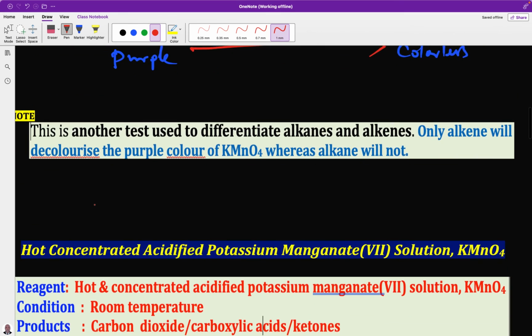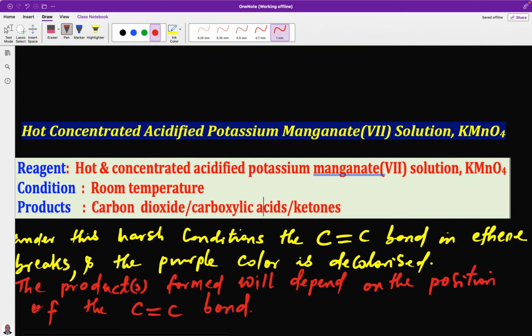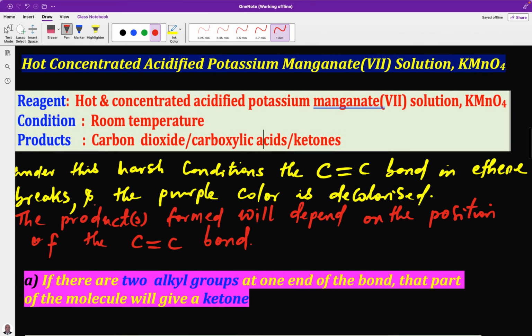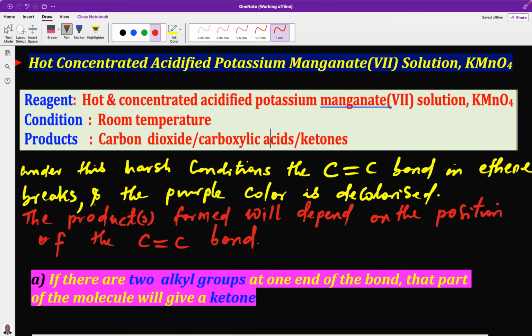Another condition will be hot concentrated acidified potassium manganate solution. This is a harsh condition. I said under these harsh conditions, the carbon-carbon double bond of the alkene or ethene will break.